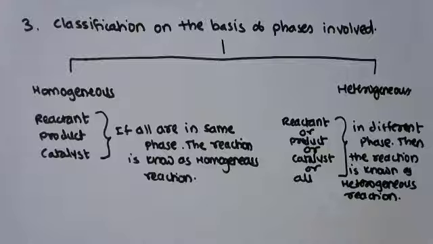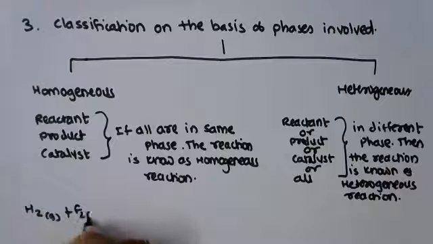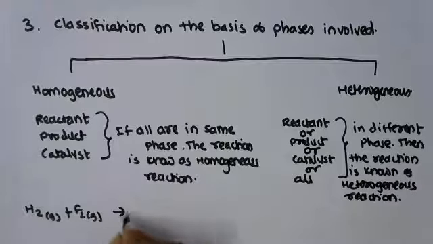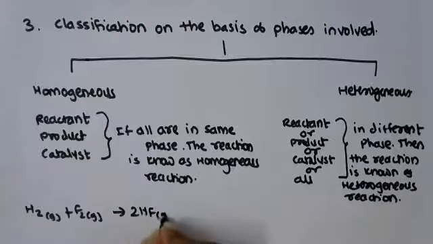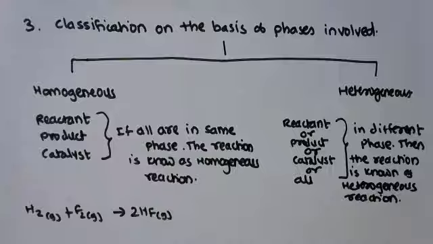heterogeneous reactions. Now the example of homogeneous reactions is the reaction of hydrogen gas with fluorine gas to give hydrogen fluoride gas.